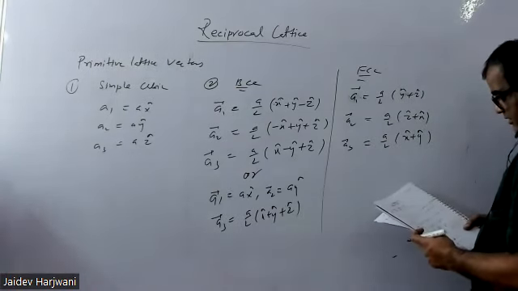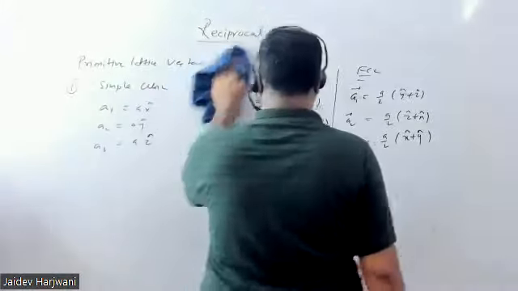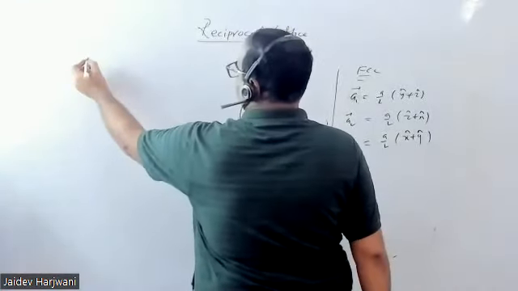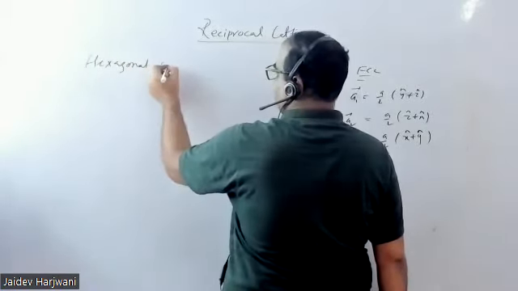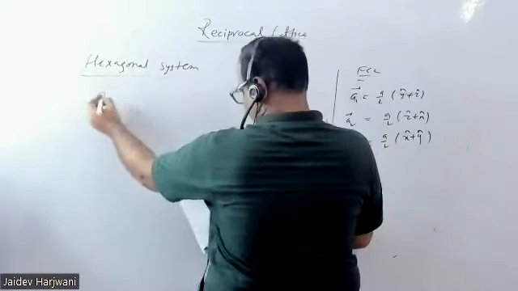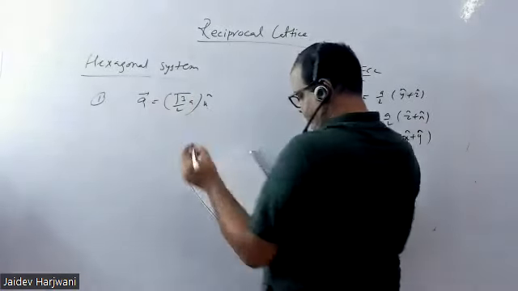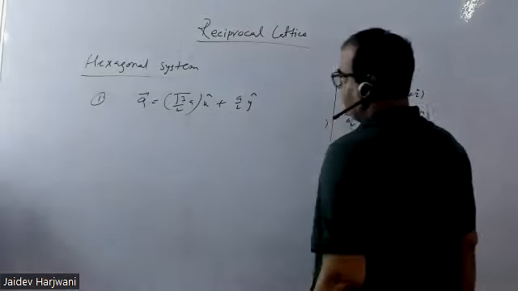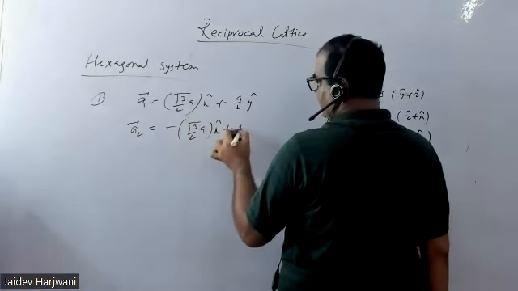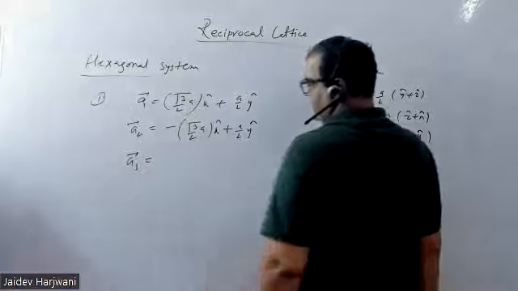Similarly, you have a hexagonal system. For the first type, a1 = (√3/2) a x̂ + (a/2) ŷ, and a2 = −(√3/2) a x̂ + (a/2) ŷ. And what is a3 for hexagonal?